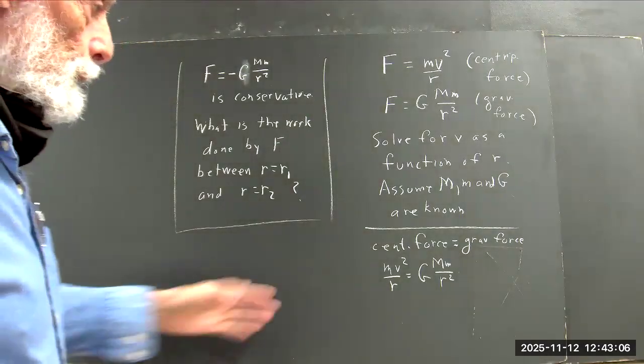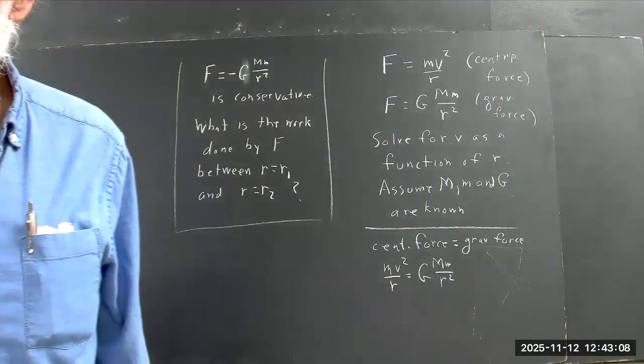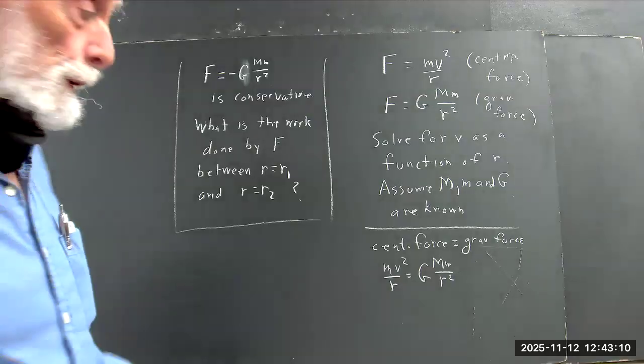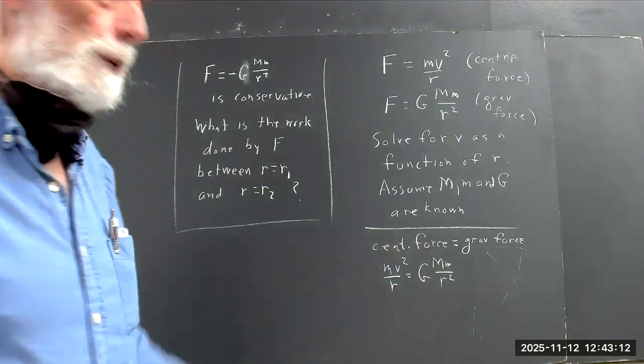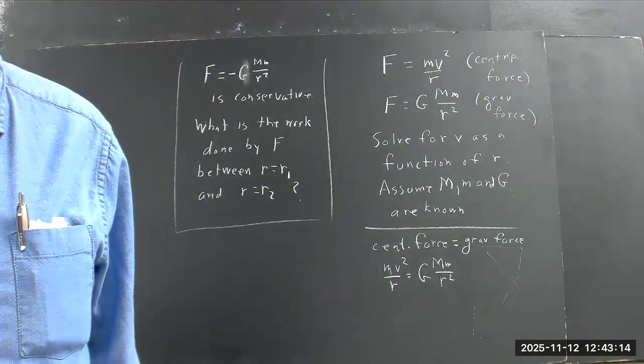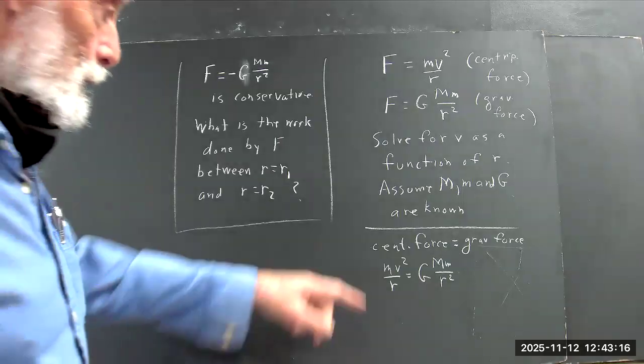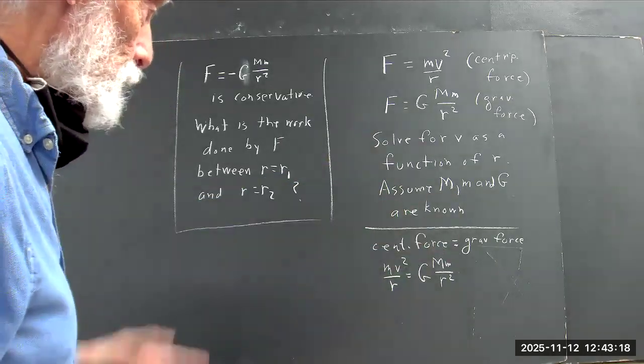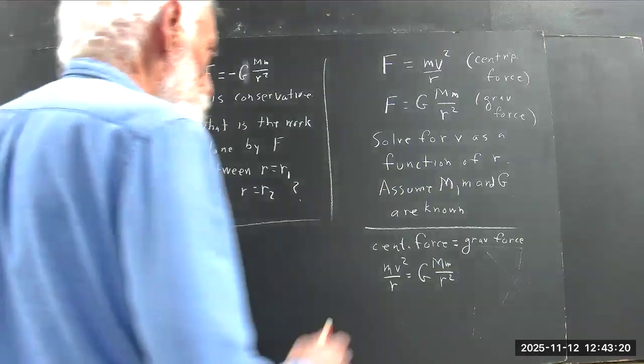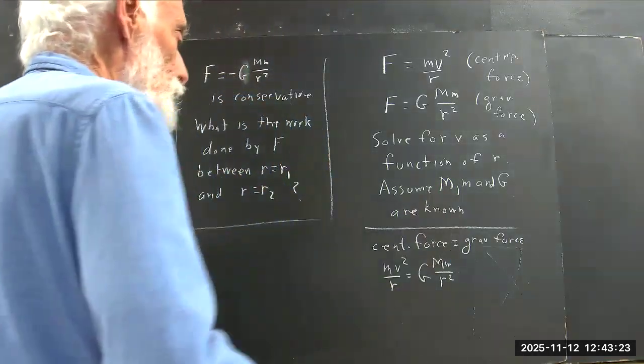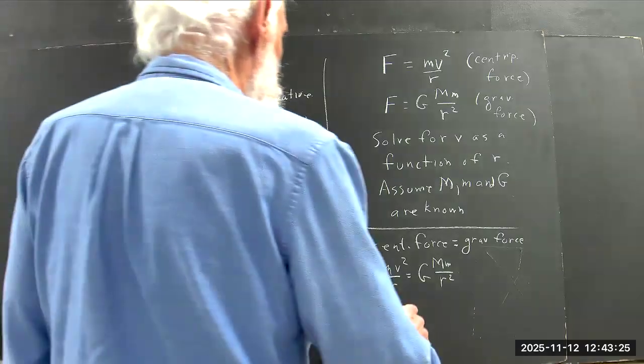So you have a very simple equation that everybody solved right, except I think one person maybe didn't divide out the little m's. You've got a little m here, a little m here, so you're not going to have a little m in your final expression. Everything else was right.